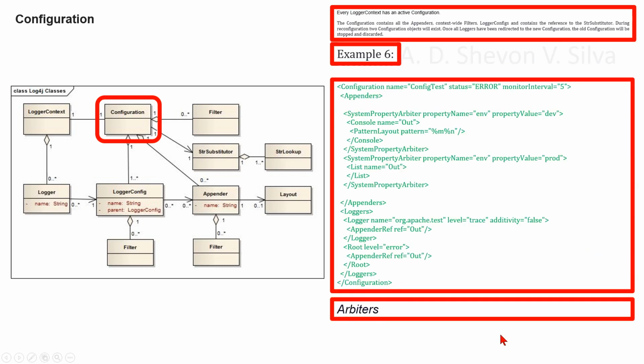As example 6, we can consider arbiters. In some situations, it is desirable to have a single logging configuration that can be used in any deployment environment. For example, it may be necessary to have a different default logging level in production than in development.